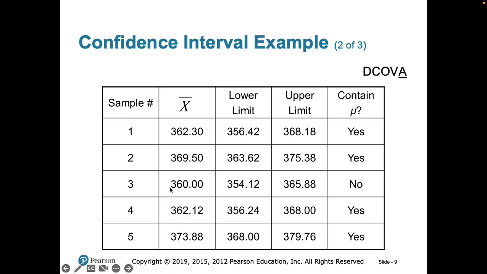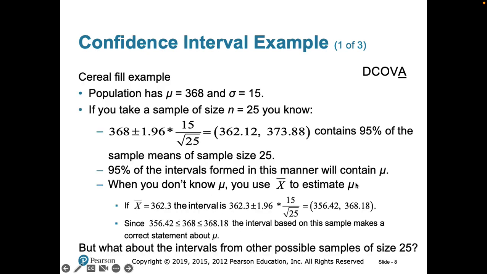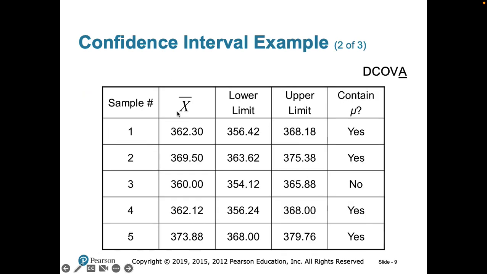Your mean is 360 for that particular sample, so your lower and upper limit is going to be outside of mu. Here our mu is 368. So in this case, it does not contain the mean for the population, and this is where the 5% comes from.